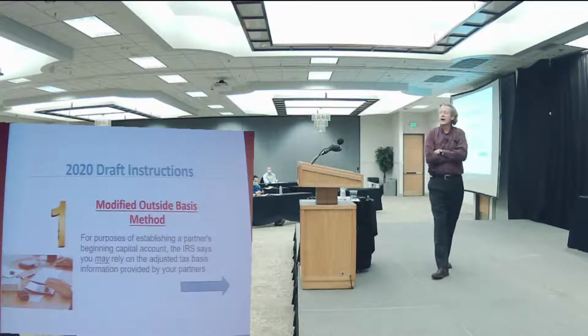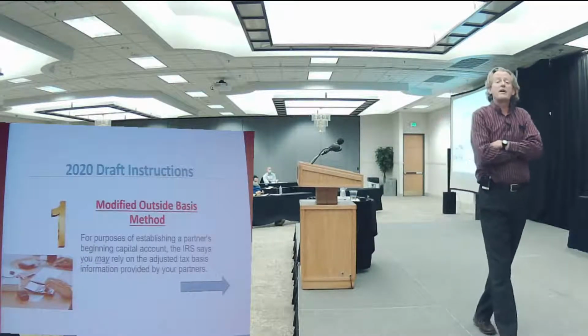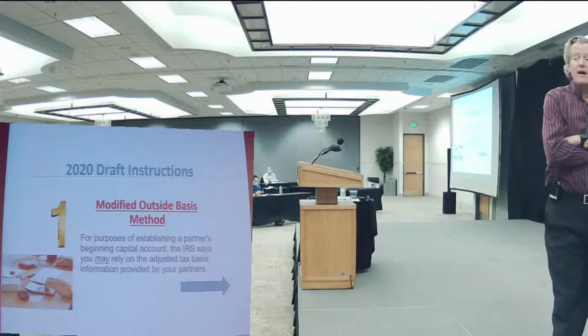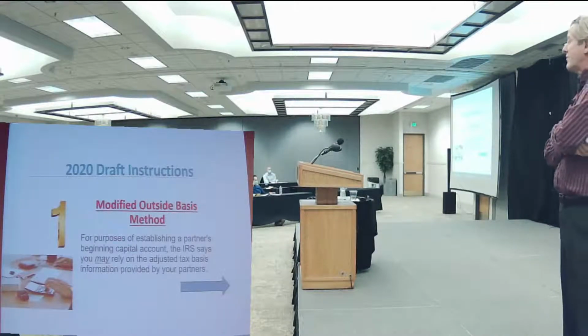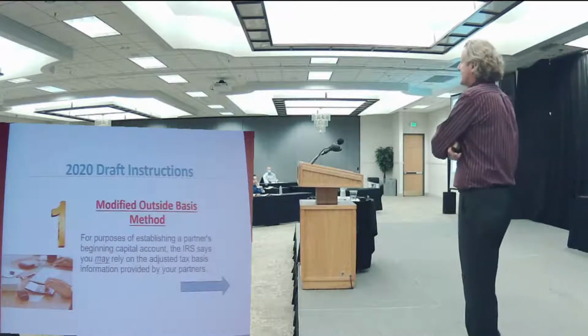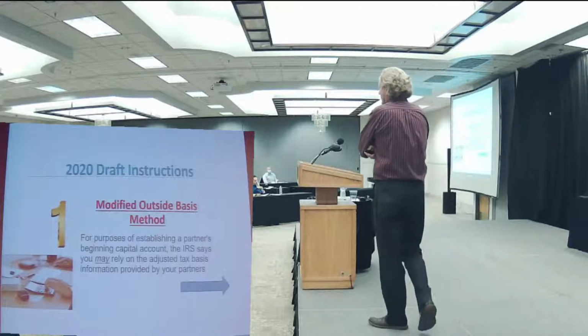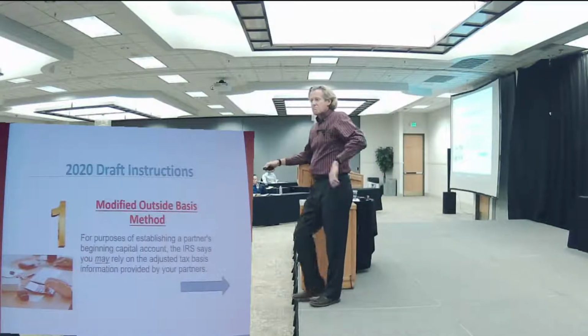So, to do that, the IRS says you may rely in good faith and without verification on the adjusted tax basis information your client gives you, as long as it does not appear to be incorrect, inaccurate, or whatever, based on what's reasonably knowable to you. Okay?